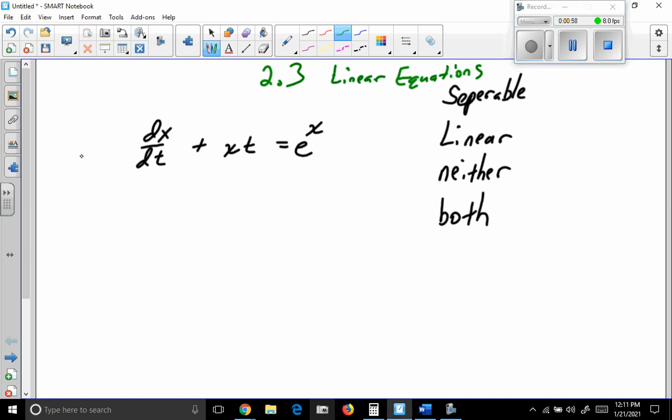We need to recall that for this differential equation, t is the independent variable and x is the dependent variable.